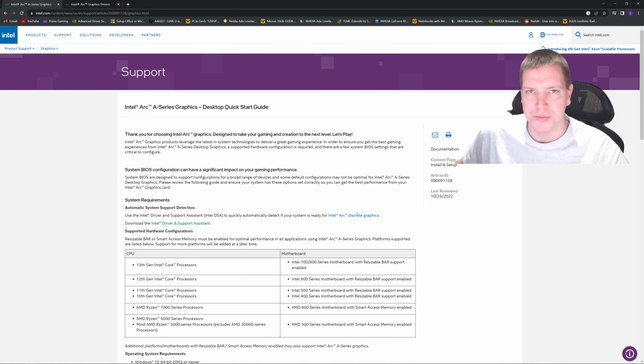Now, here is the systems right here that Intel says officially supports resizable bar with the Arc GPUs. We got 13th gen, the newest Intel Core CPUs, and 700 and 600 series motherboards. We got 12th gen Intel Core processors with 600 series motherboards. We got 10th and 11th gen with 400 and 500 series chipset motherboards.